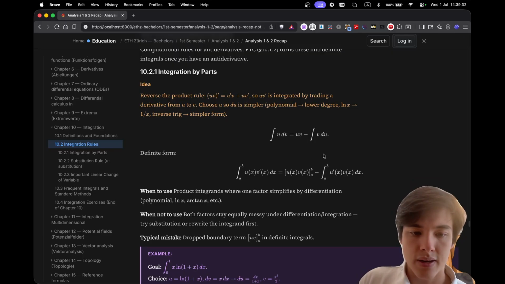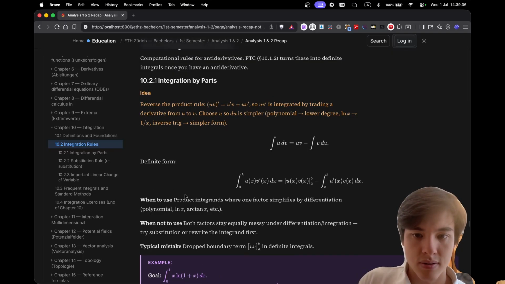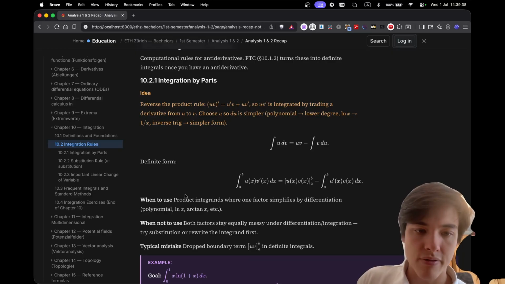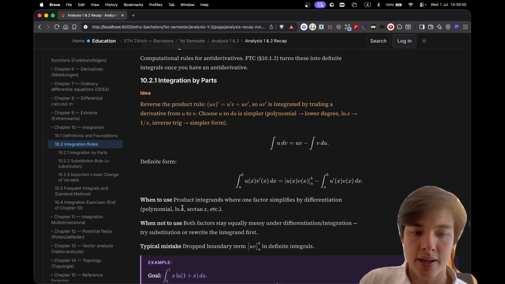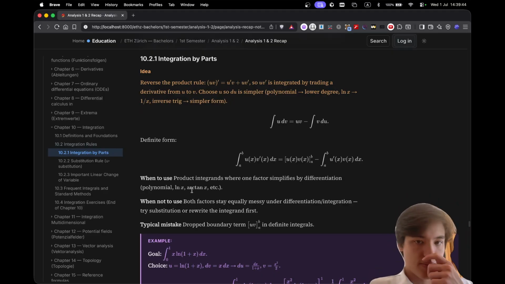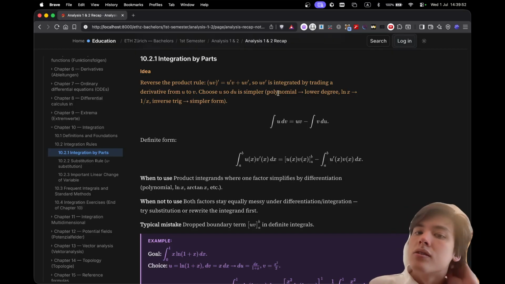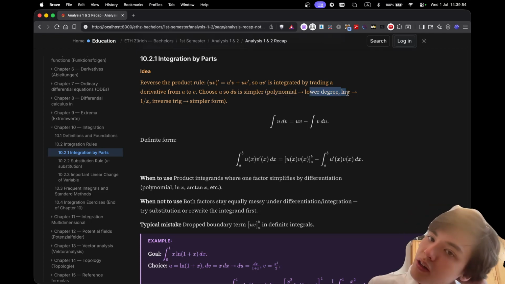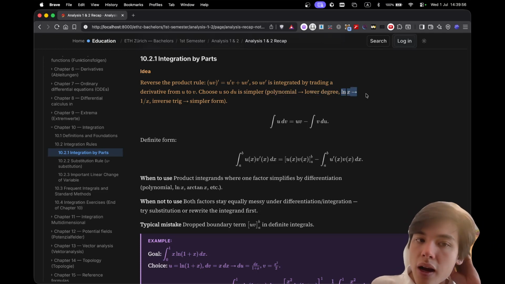If we have e to the power of something and then x times that. Well, I'll figure it out. Integrating: if we have a polynomial, we can lower the degree. ln x, yeah.